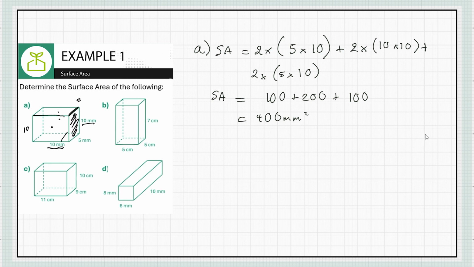Another way to think about this is to draw a net. A net allows you to draw out the entire shape and all of its faces before you get started, and you can then apply the dimensions to it.